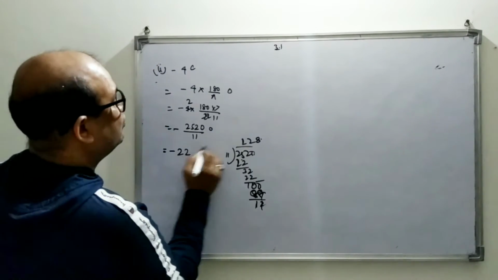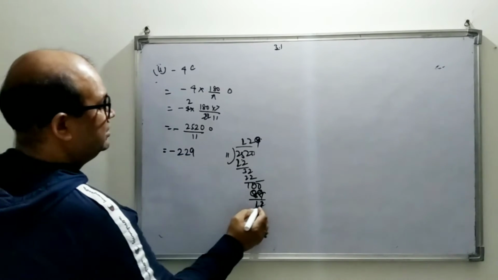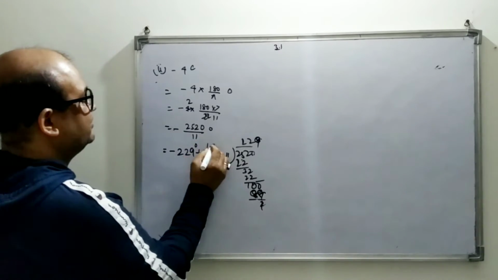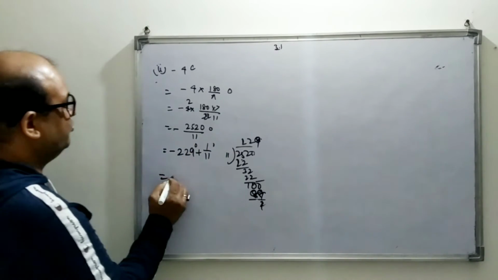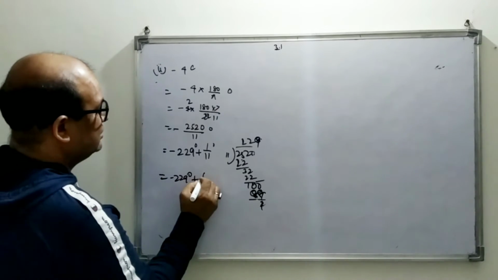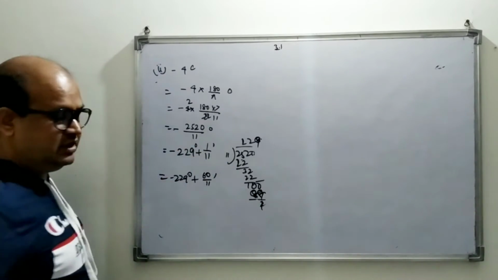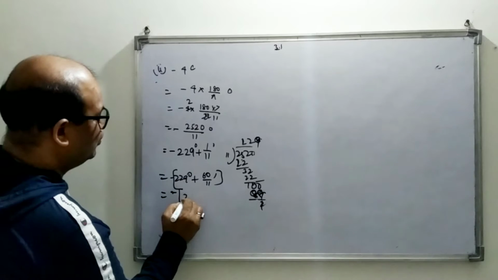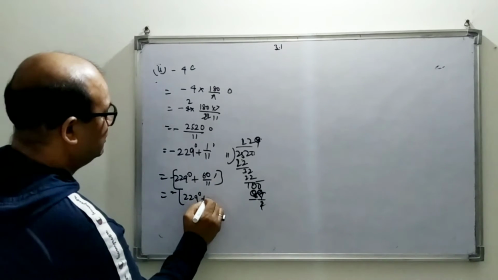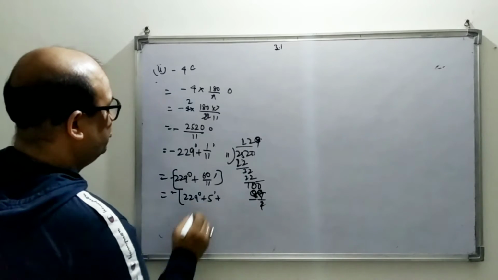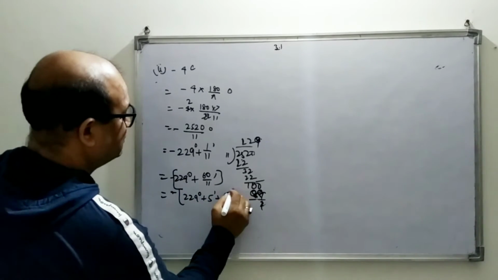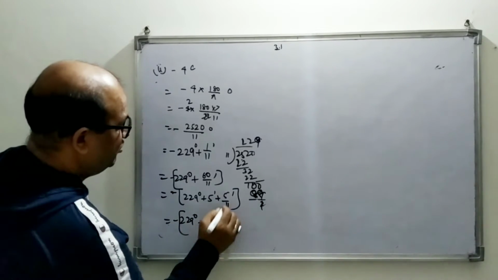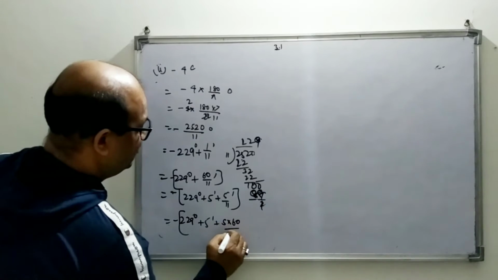So I am getting 229 whole number. That means it is 229 plus 1 by 11 degree. Now convert this again. Minus 229 degree plus 60 by 11 minutes. That gives you minus, this whole in bracket, 229 degree plus 5 minutes plus 5 by 11 minutes. Now minus 229 degree plus 5 minutes plus 5 into 60 upon 11 seconds.